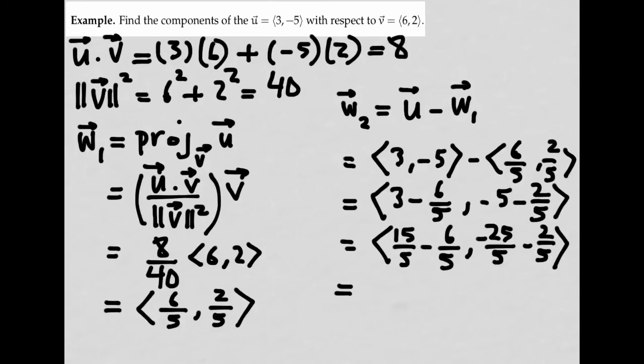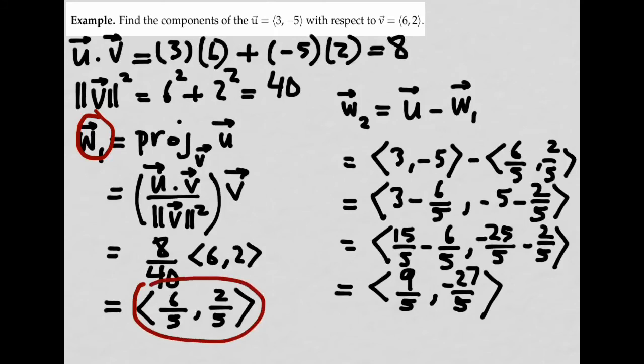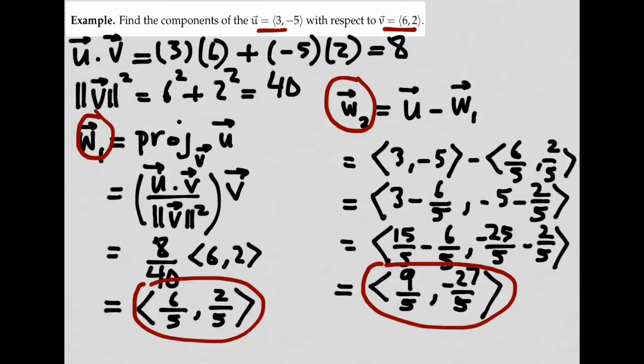So the vector w2 has components 9 over 5, minus 27 over 5. And w1 and w2 are the components of the vector u with respect to the vector v.